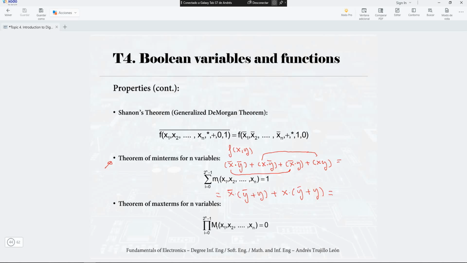Okay, this is the distributive property, and we know that this is 1 and this is 1. Why?